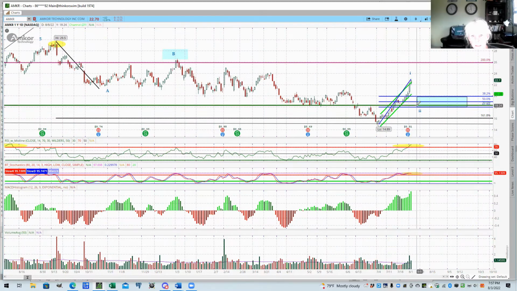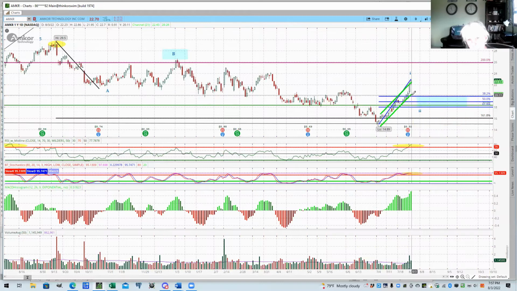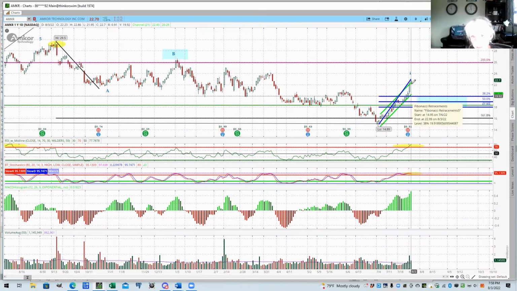But I think this would probably be a little too low, but this is the range that it's likely to retrace. If you look at the bottom of this channel line, it's almost right there meshing with the 38.2% Fib level. So to me, that's a high probability of it coming down here.